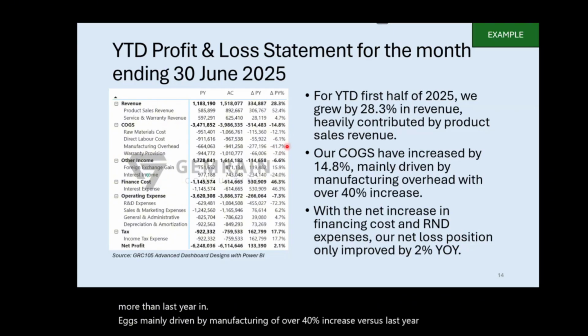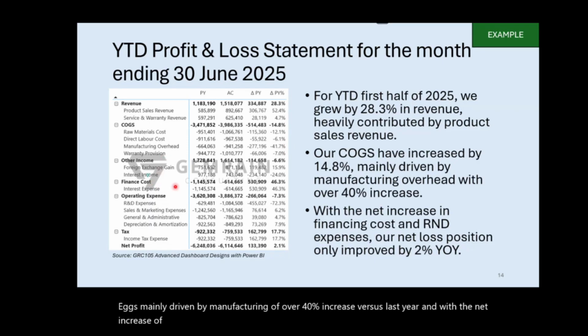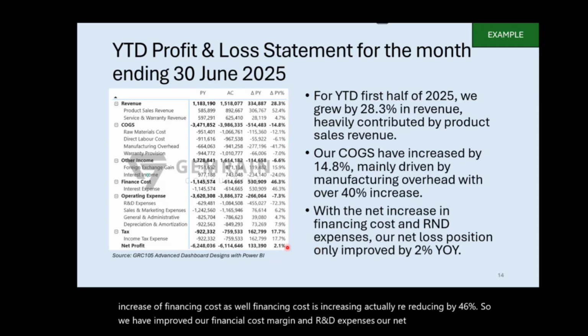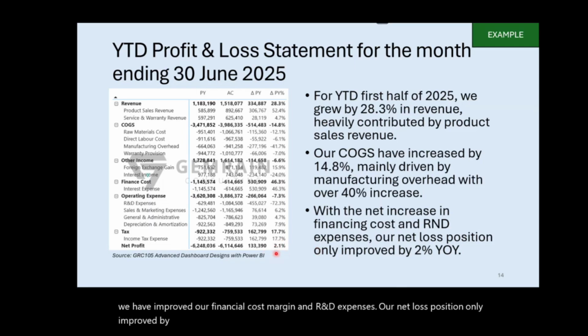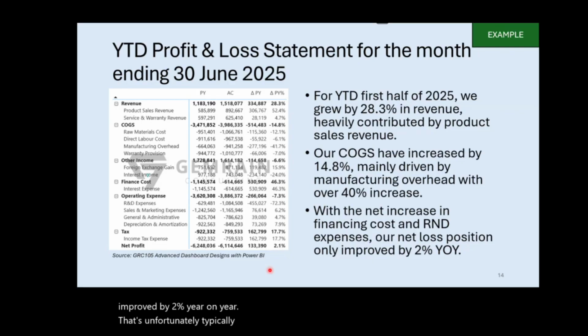And financing cost is actually reducing by 46%, so we have improved our financial cost margin, and with R&D expenses, our net loss position only improved by 2% year on year.